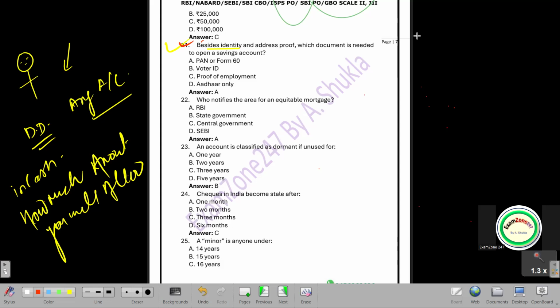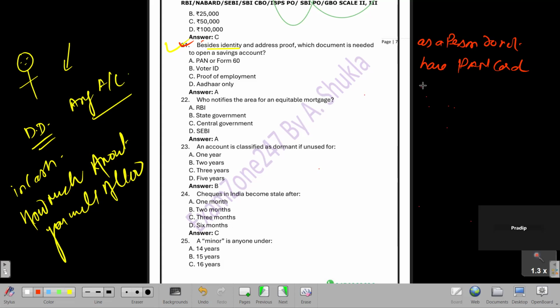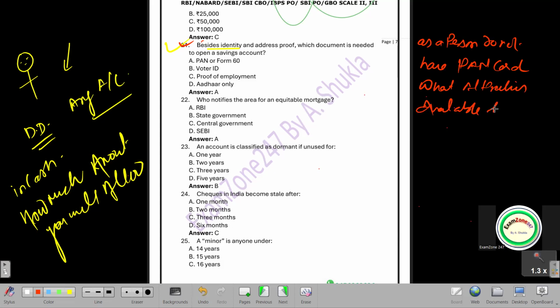This question was asked: a person does not have a PAN card, what alternatives are available for opening the account?